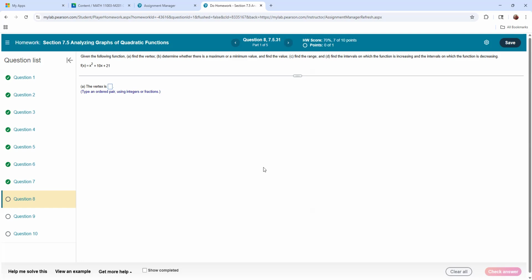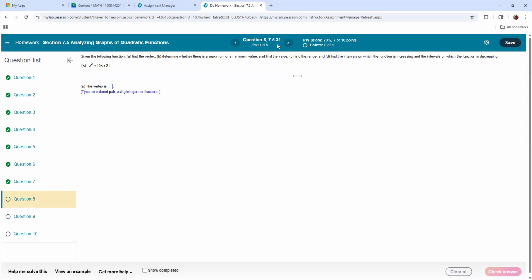Y'all, they don't even look like they want us to graph this one, right? It don't say nothing about graphing it, does it? Intervals of increasing and decreasing, and then be done with it. All right, so they're giving us f of x equals x squared plus 10x plus 21. All right, so let's go play with this one.